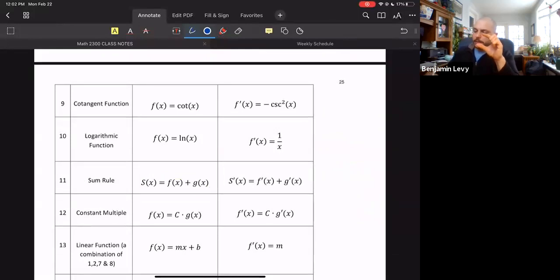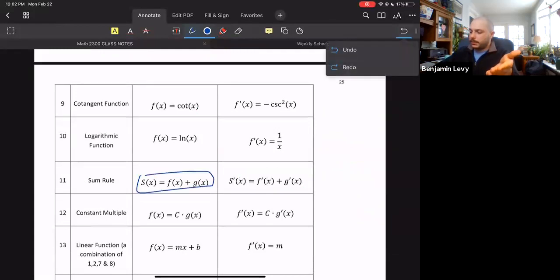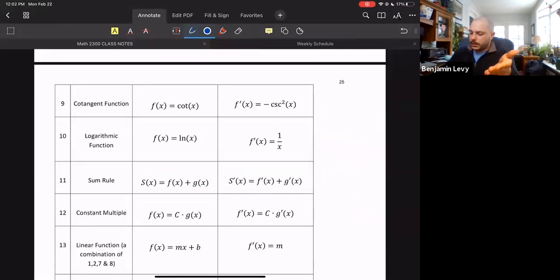This says when you have two separate things being added and you want to do the derivative, you just look at their individual derivatives. So the example we just looked at for that would be like this. That x squared plus 1.